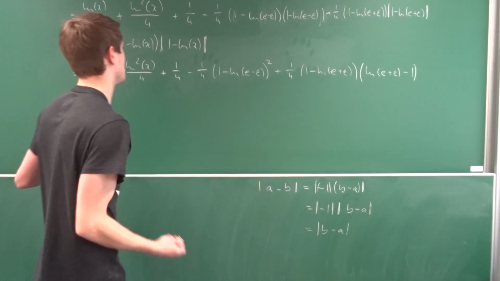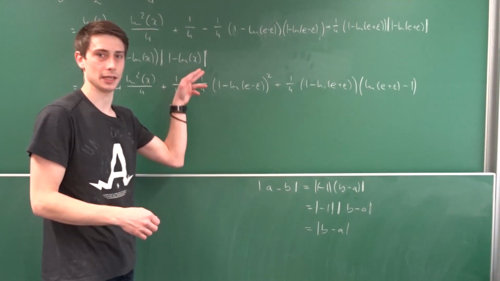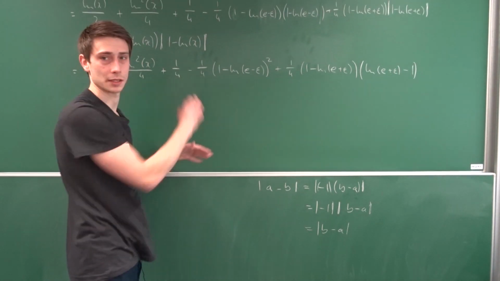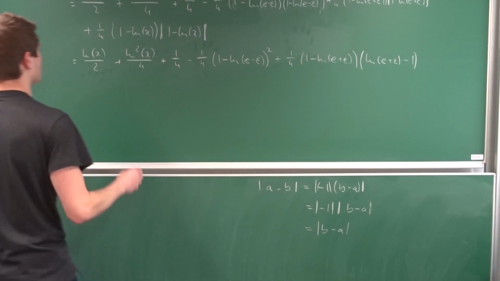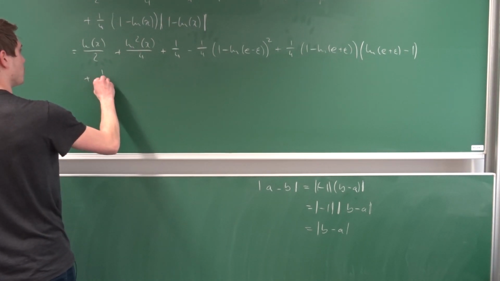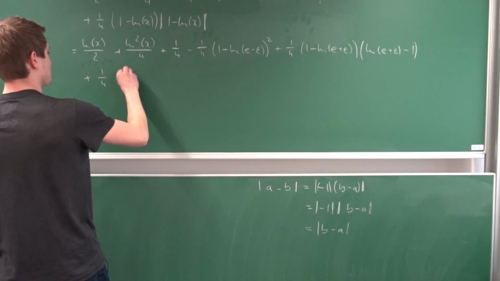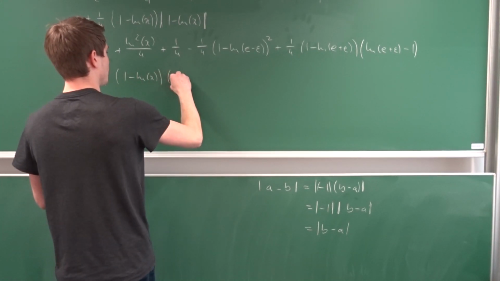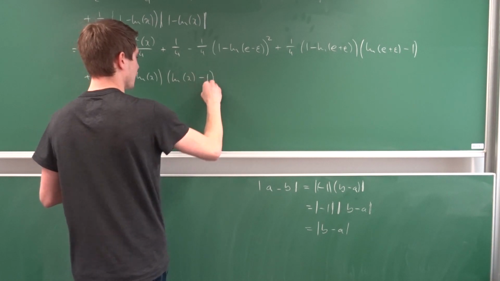Okay, and for the last part, well, same thing here, ln x. That's our second case, is strictly greater than 1. That means that's negative, so we can change the order by factoring out a minus 1. So that's positive 1/4 times 1 minus ln of x. And then ln of x minus 1.